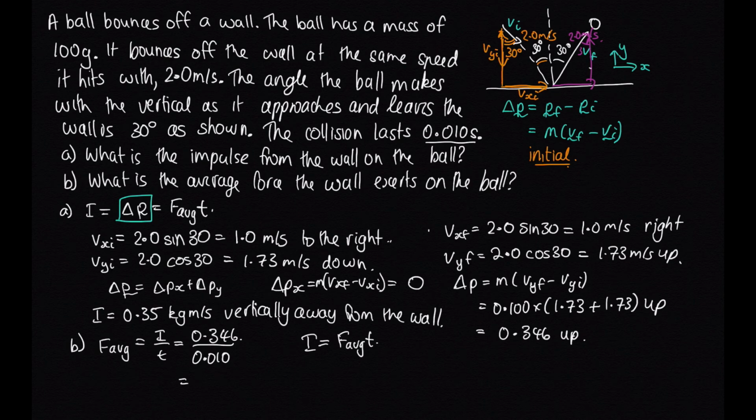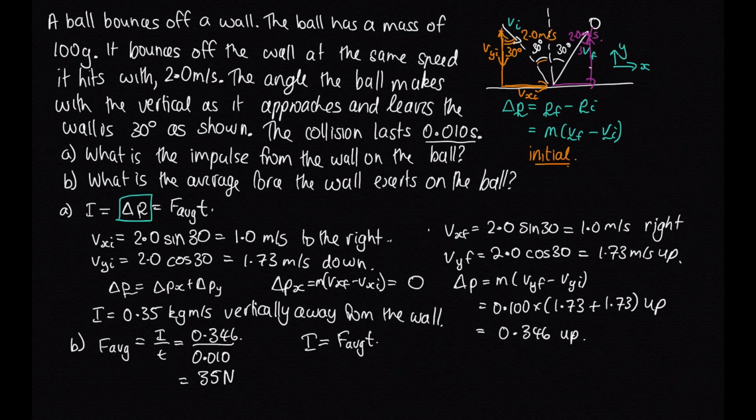And so solving this, we end up with 35 newtons. And once again, this is away from the wall. So hopefully that gives you some idea of how to solve problems using the impulse equation.